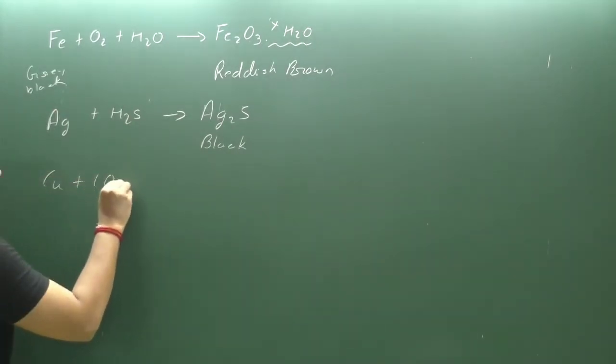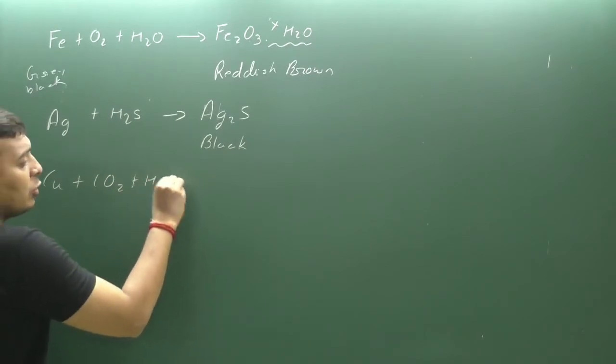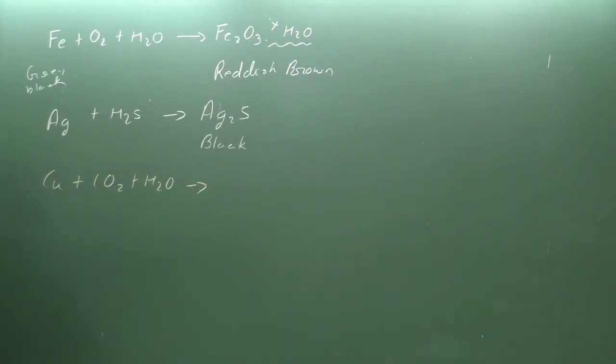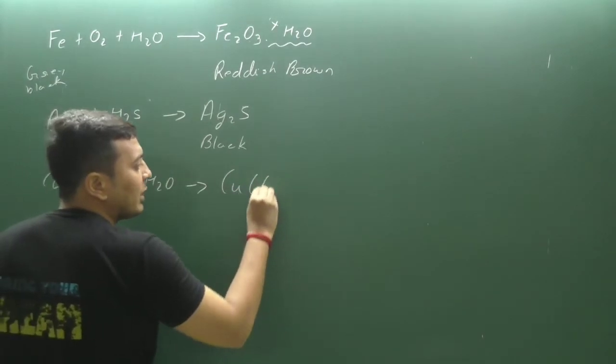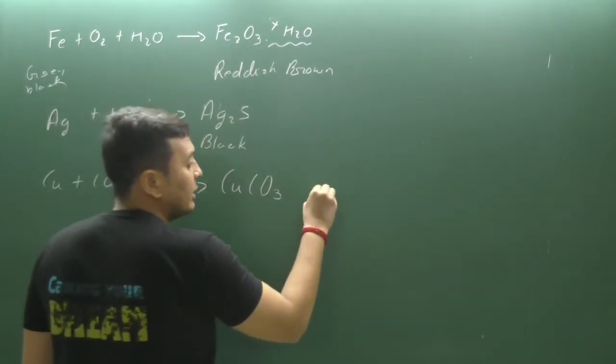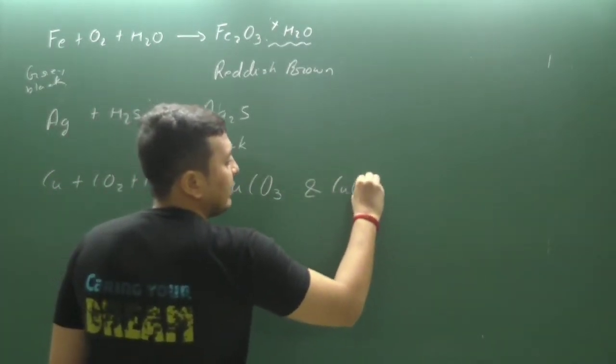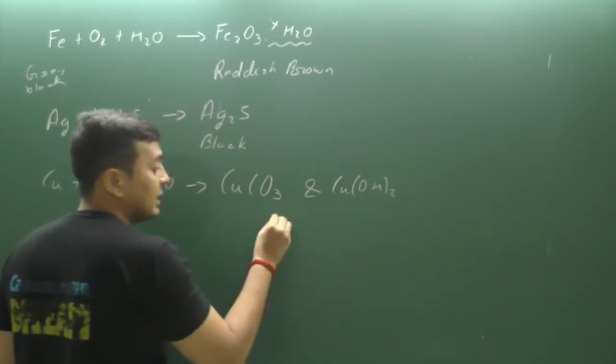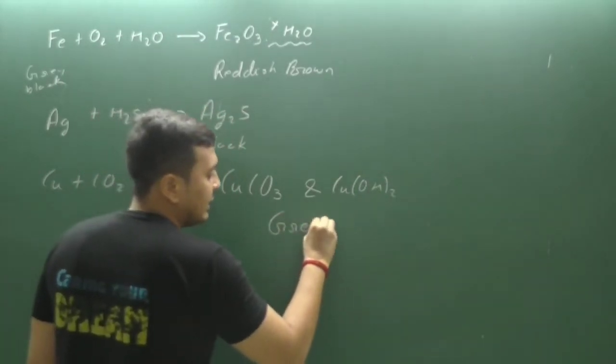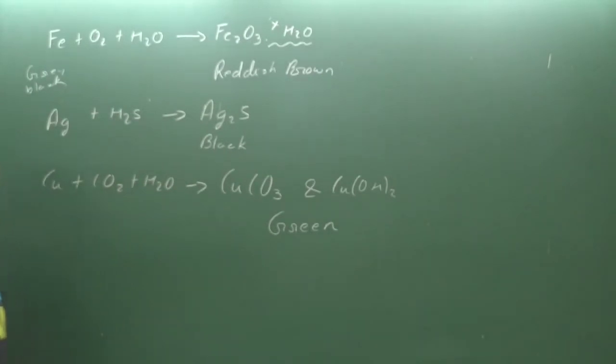Copper, in presence of carbon dioxide and water, turns into copper carbonate and copper hydroxide. These are green in color. So these are the compounds.